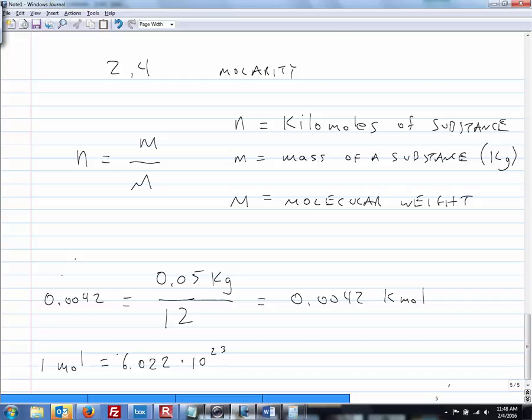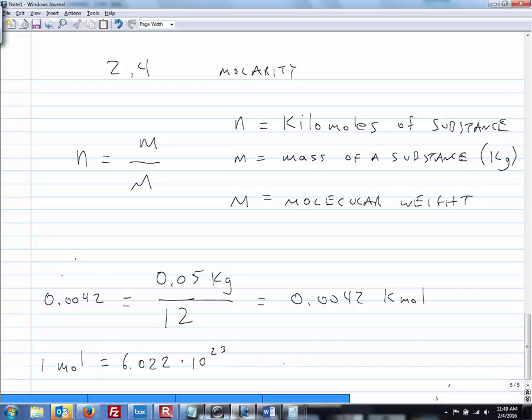But the nice thing is that big number is just 1 mole. So for now, we don't really have to remember that. You just say it, just like 1 googol is 1 times 10 to the 100th. Do you want to say 1 times 10 to the 100th, or do you want to say 1 googol? Well, let's just say 1 mole in this case.